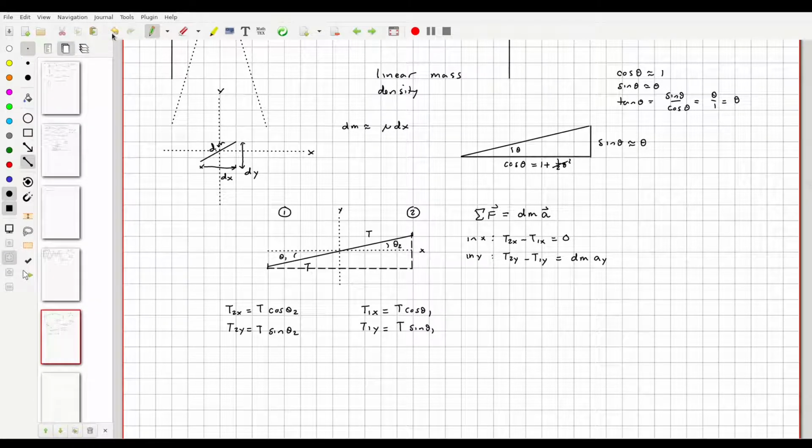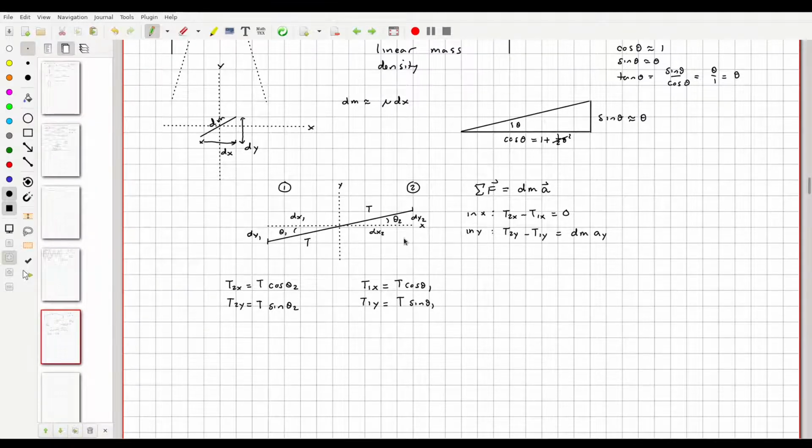Now, what do I mean? So watch. This right here on the right-hand side, I'm going to call dx2. And this right here is dy2. This over here would be dx1, and this right here would be dy1. We're just looking at the right and the left-hand sides.